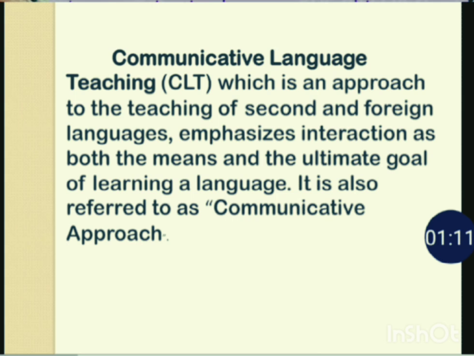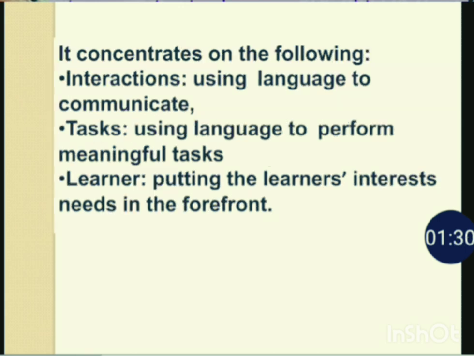Okay, what's communicative language teaching? We can call it CLT also, which is an approach to the teaching of second and foreign languages. It emphasizes interaction as both the means and the ultimate goal of learning a language. It's also referred to as the communicative approach.